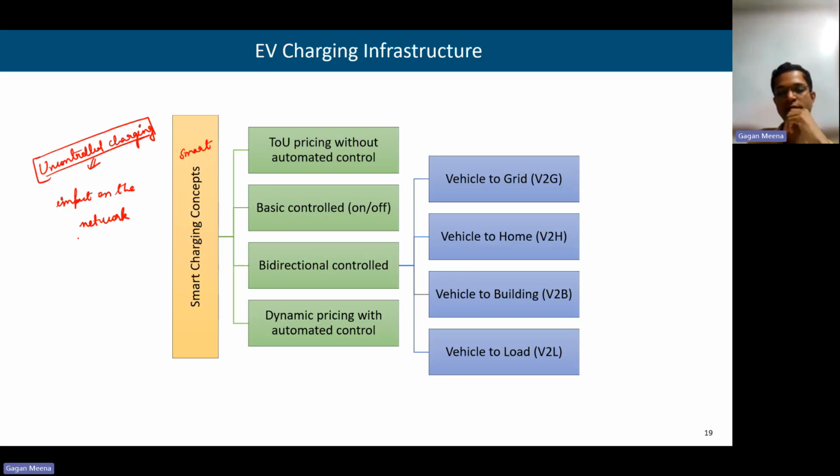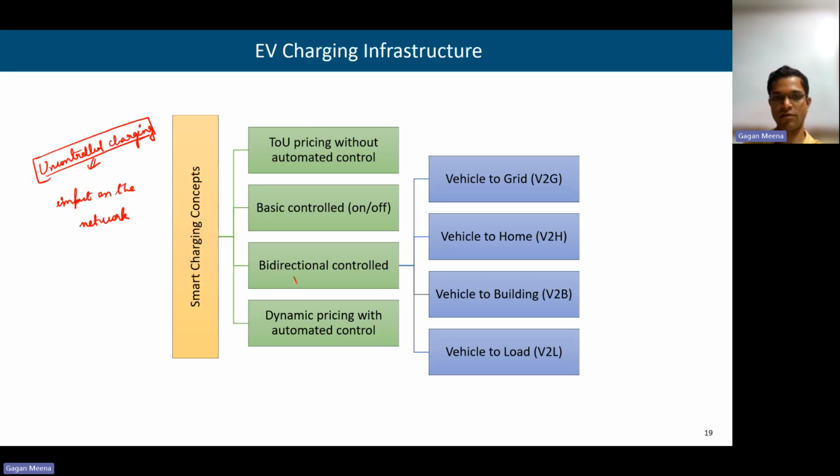The smart charging concepts include time of use pricing without automated control, and basic control or bi-directional control.